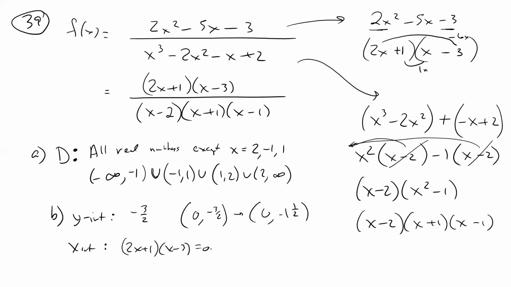It's -1/2. That little one scoots over, gets you a negative, and when you divide by 2, it gets you a -1/2. This guy's just x equals 3. So let's write these out: 3, 0, and -1/2, 0.